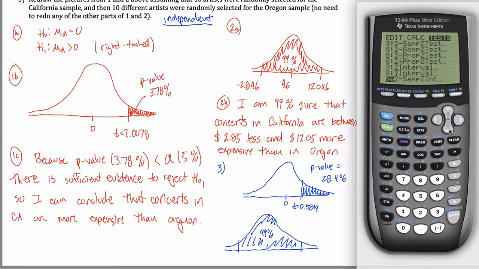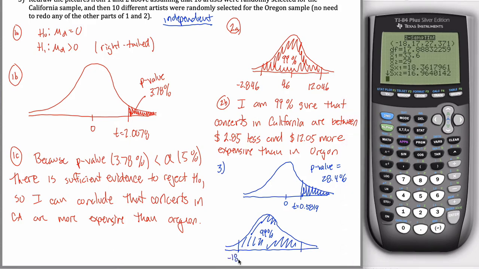It's way down here somewhere. Hit enter. Again, it's L1 and L2. I want 99% confidence. I don't want to pool, and I'll calculate. It's going to spit out 2 numbers, the bounds of my interval. So negative 18.17 and positive, this is rounded to 2 decimal places, so maybe I'll call that 27.37.